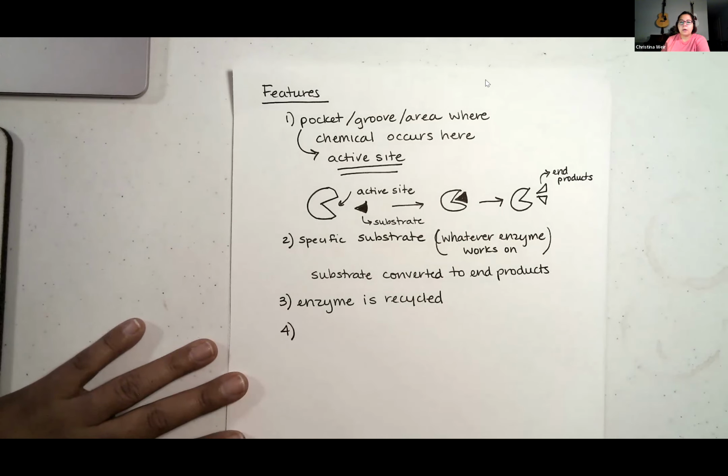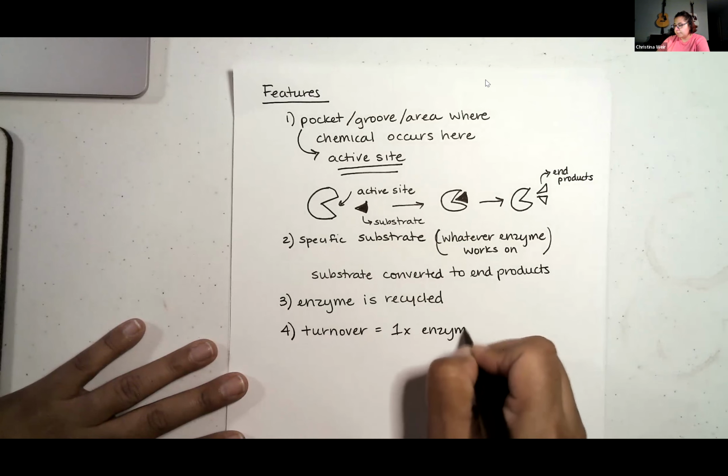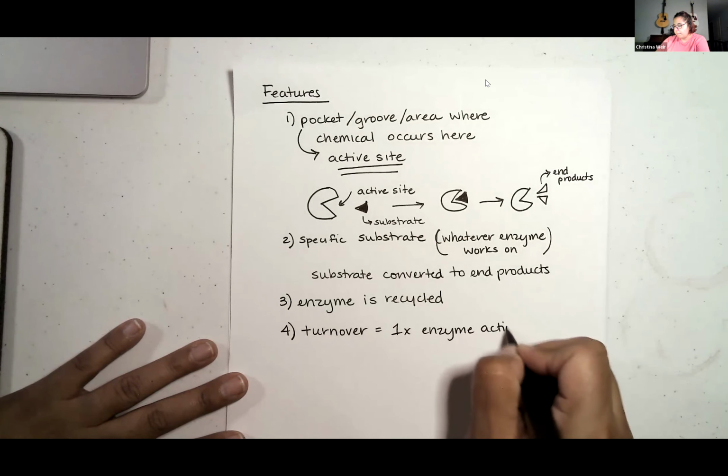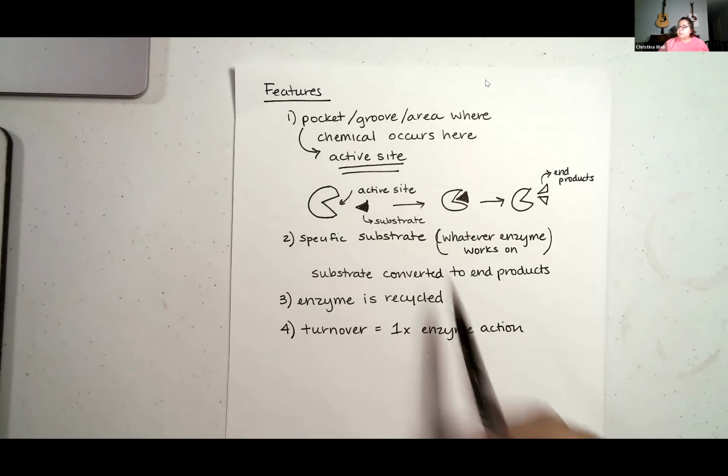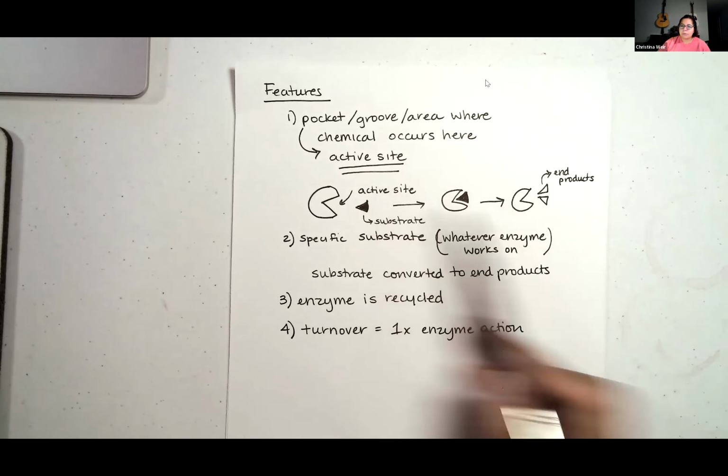So a turnover is one time the enzyme does its action. This diagram right here would represent one turnover. If this enzyme went back, found another substrate, and broke it down, that would be 2 turnovers. A third time, 3 turnovers.